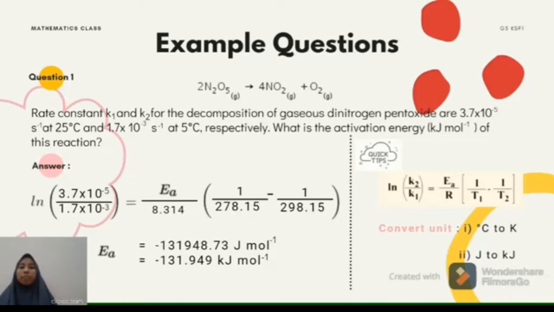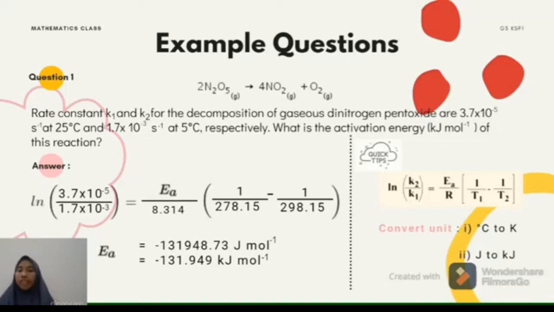The right hand side, which is the bracket 1 over T1 minus 1 over T2, we move it to the left hand side. So we divide ln by the temperature, and the answer of the division, we multiply with 8.314. So we get activation energy as negative 131,948.73 J per mole, or J mol⁻¹.